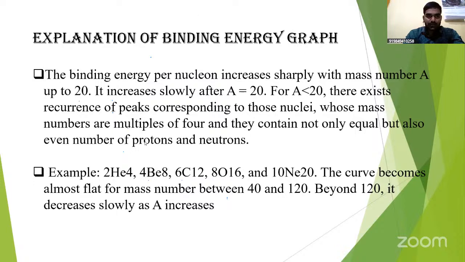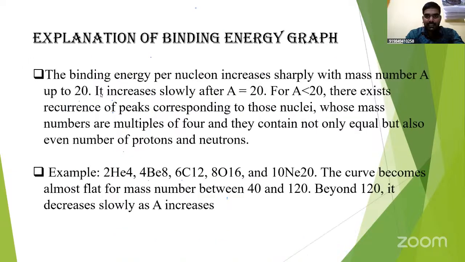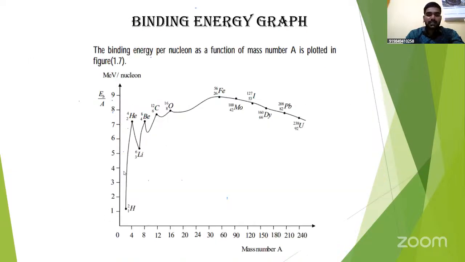If you see the graph, from here up to 20, the binding energy is increasing sharply, isn't it? Here, from hydrogen to helium, it has increased, like this, isn't it? Up to 20, up to here, it has increased.